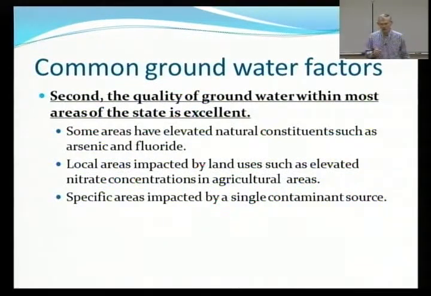There are local areas that have been impacted by land uses, such as elevated nitrate areas in agricultural. And then there are specific areas that have been impacted by a single contaminant source. And this may be a leaking underground petroleum storage tank. It could be a mine waste disposal pile. It could be an injection well from ag chemicals. It could be a number of things.